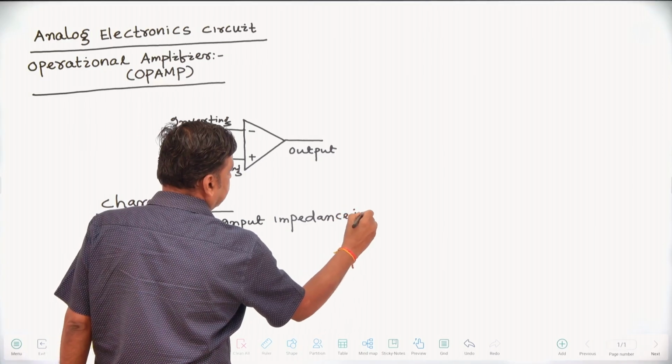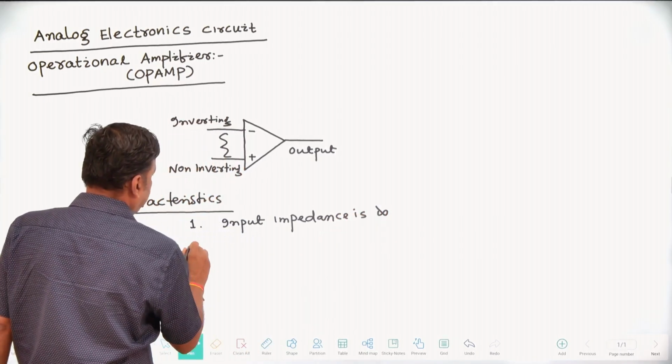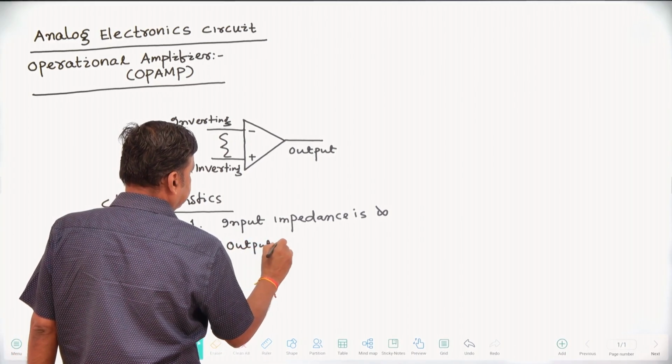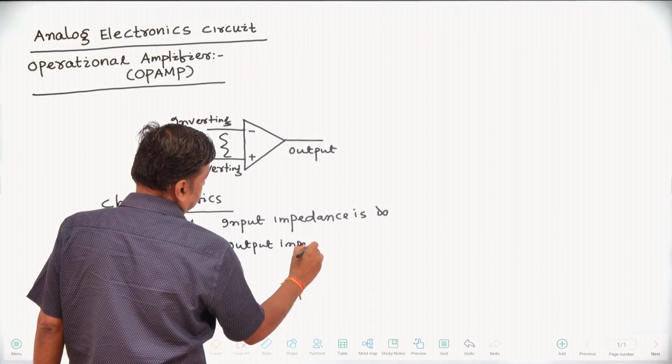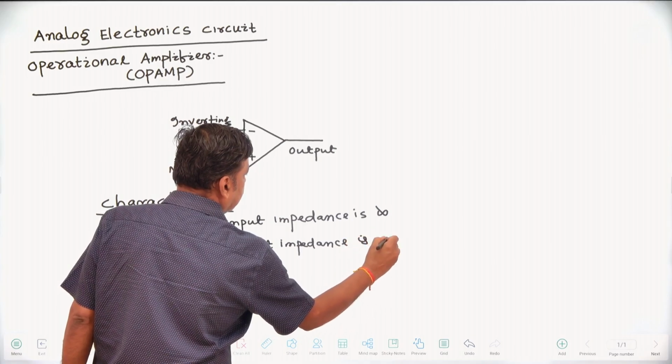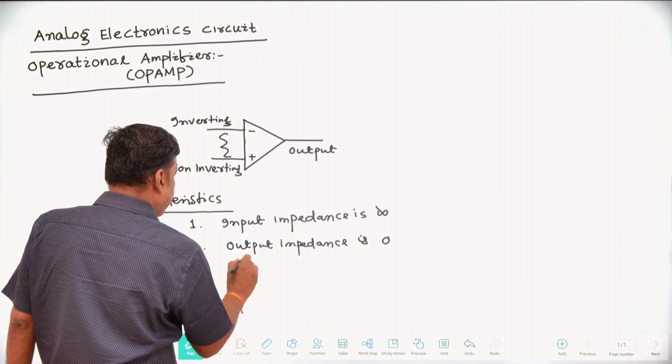Input impedance is infinite. And number two, output impedance is 0. Number three, gain is infinite.